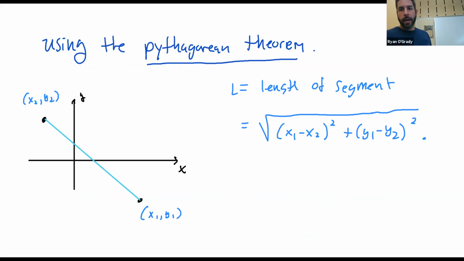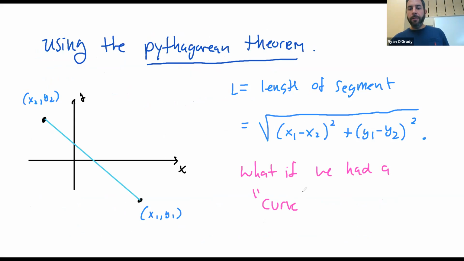So, okay. So here's the new problem. What if we had a curve? And I'm going to put the word curve in parentheses because we use it in a very colloquial way all the time. But what if we had a curve?